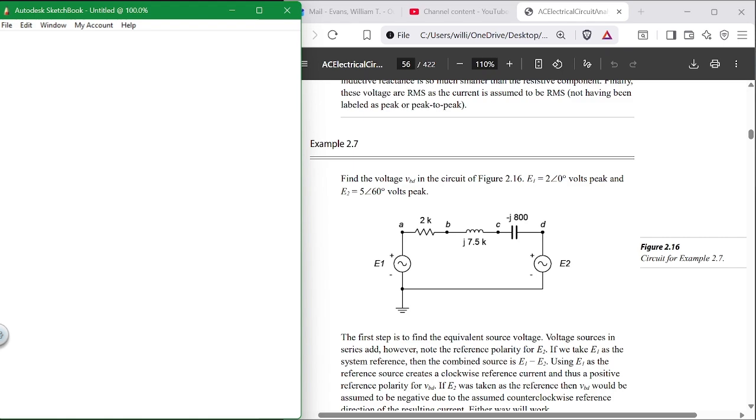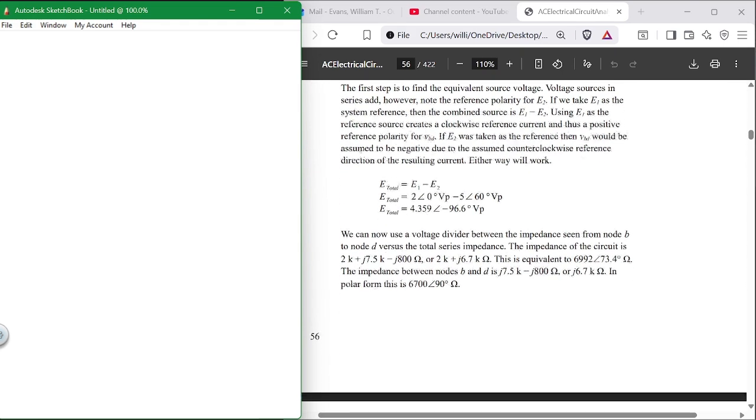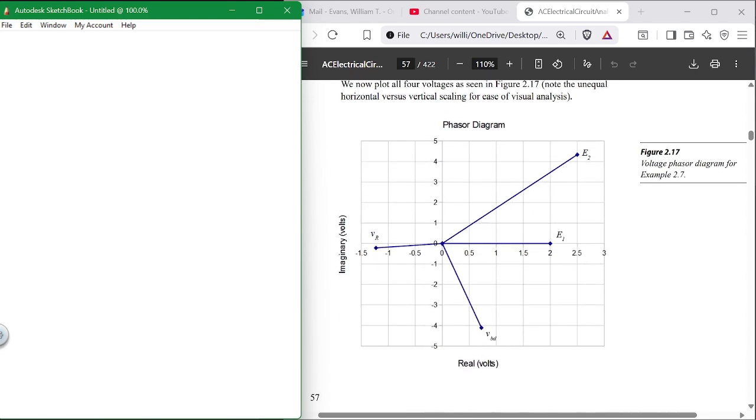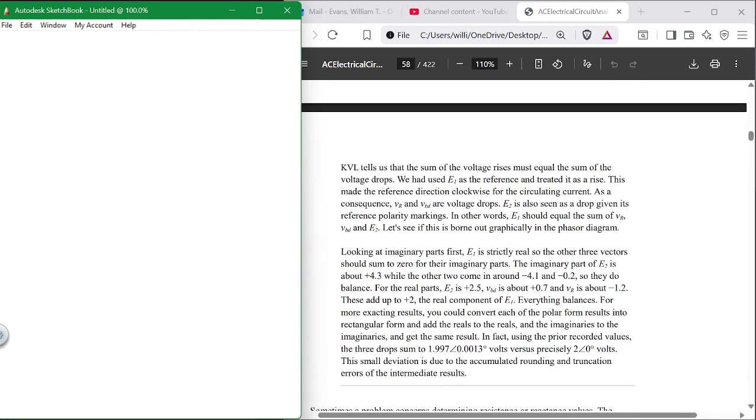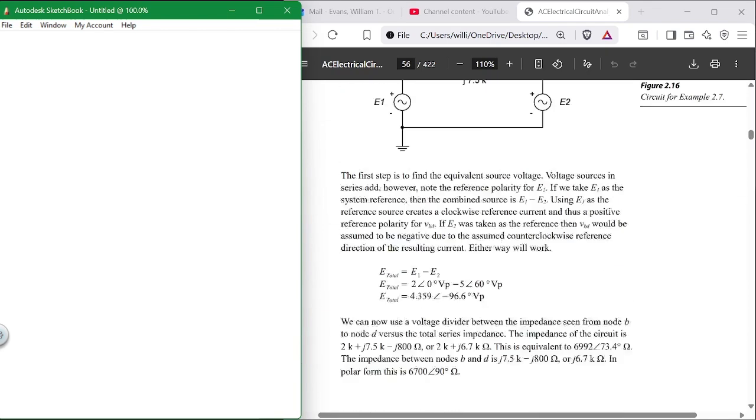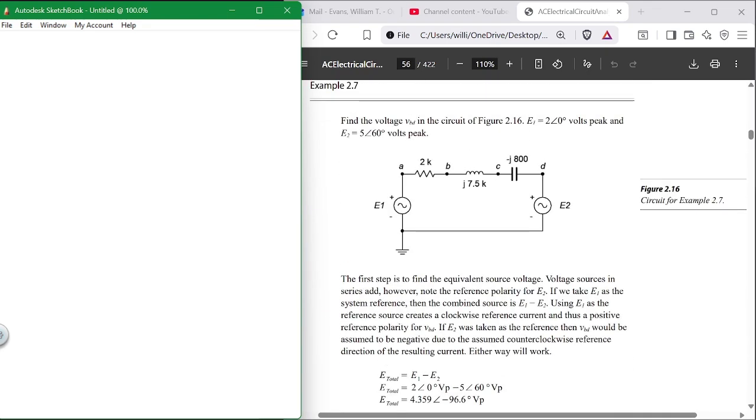All right, that's superposition. Or you can work the problem how? It's this one minus this one, because you're just going around a loop. Find the current.